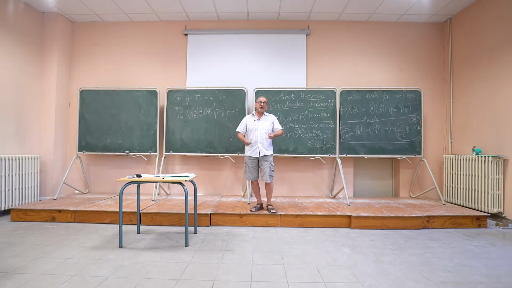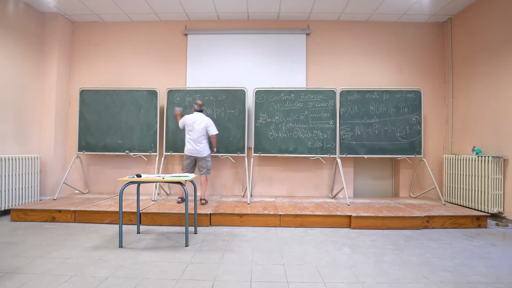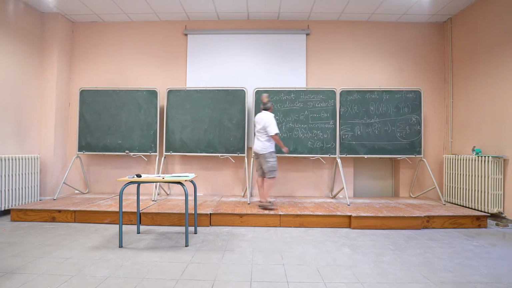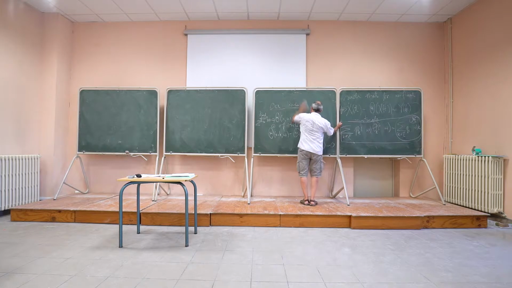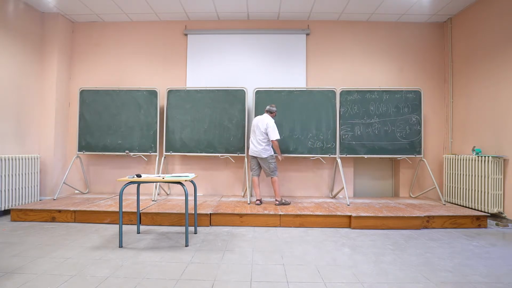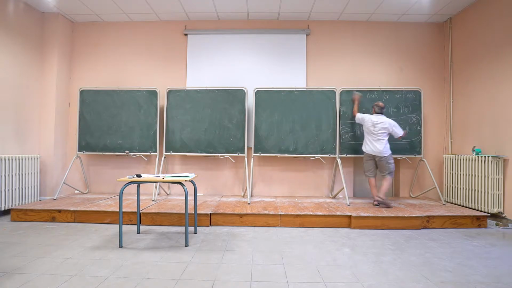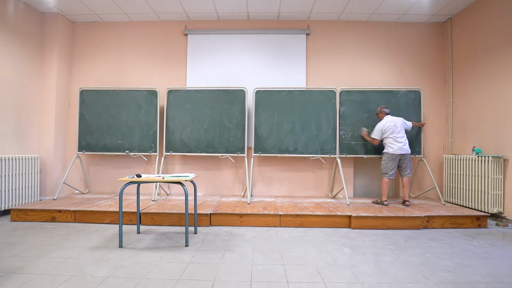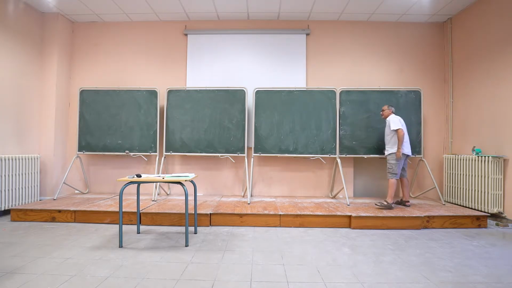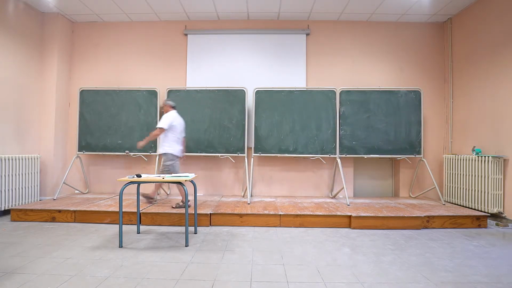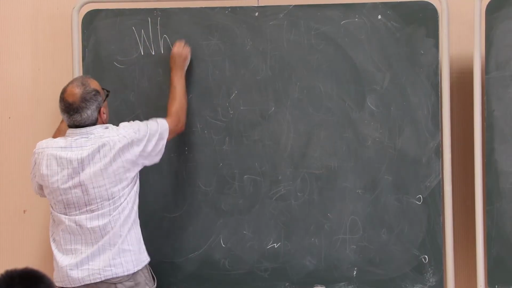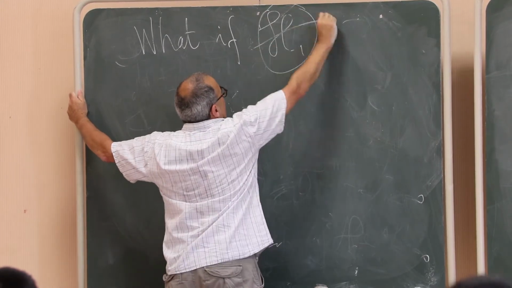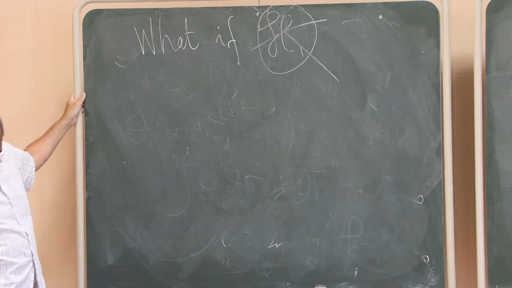Now, when H-1 doesn't hold, let me give you examples again. In the first lecture I gave some examples, but I want to repeat some of them. So what happens when H-1 fails?